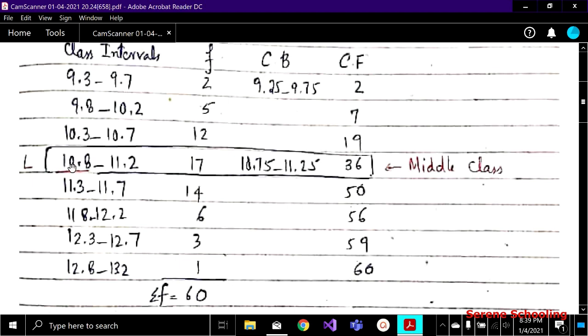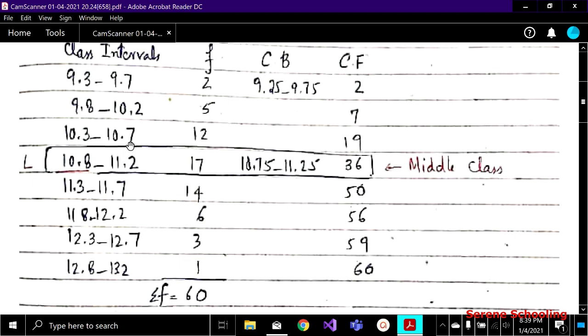It means I'm going to use this class for my formula. This is my lower class boundary, but actually, you can see we are given the class intervals, and you can be confused by this. You can think that these are boundaries, since class boundaries look like this, but don't get confused, these are our class limits, because you can see there is some gap.